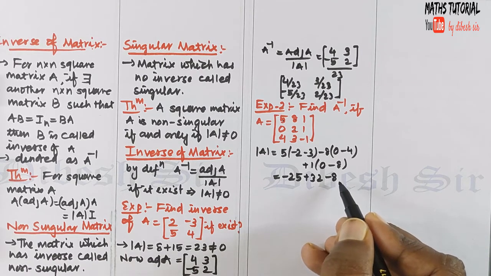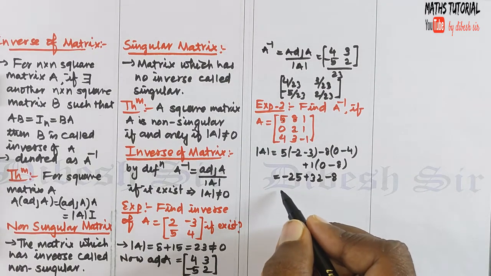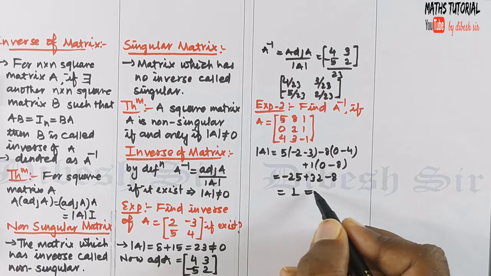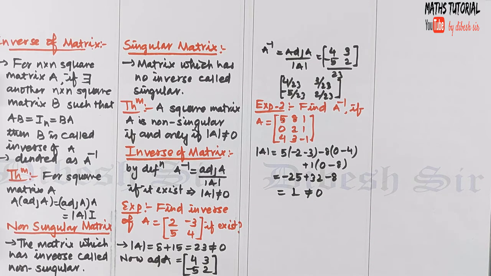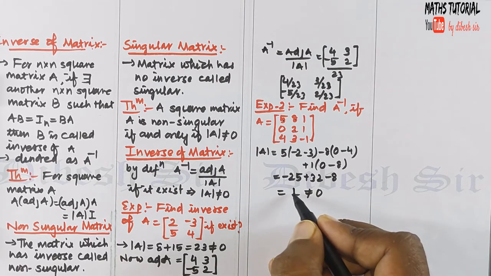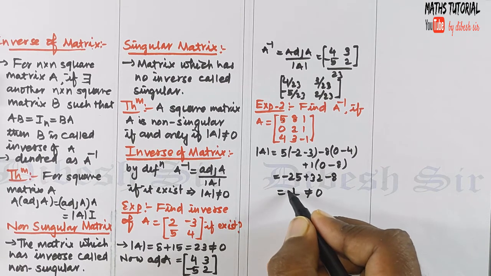So 32 minus 8 is 24, and 24 minus 25 is minus 1. So clearly not equal to 0. Okay, done.